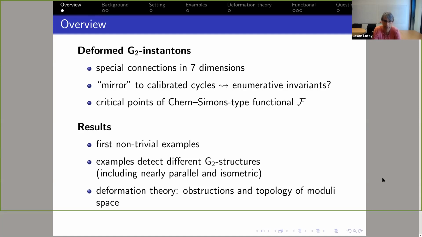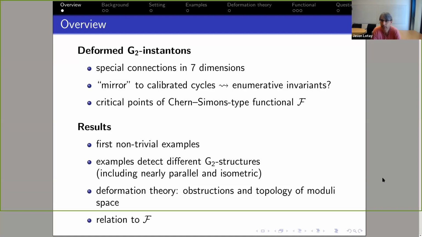Finally, if I have some time, I will describe some relation to the Chern-Simons type functional in our setting. I will try to keep things elementary, but please do interrupt if you have any questions along the way.